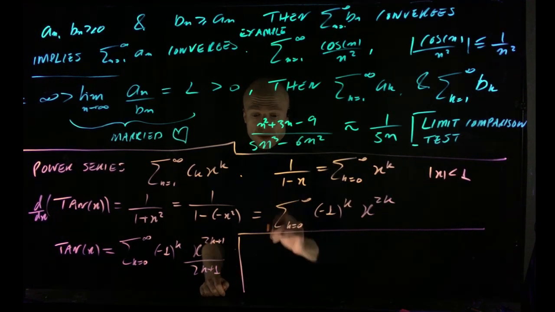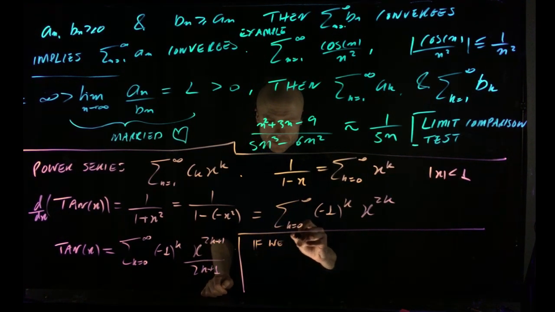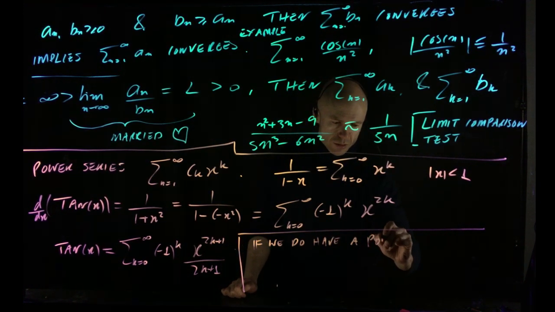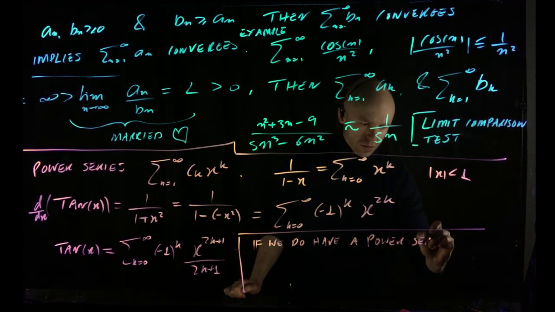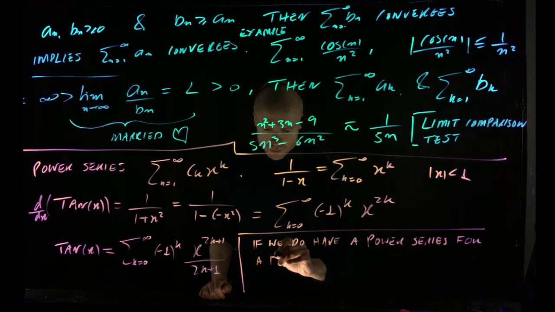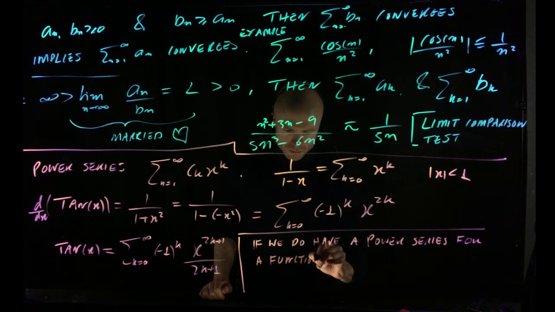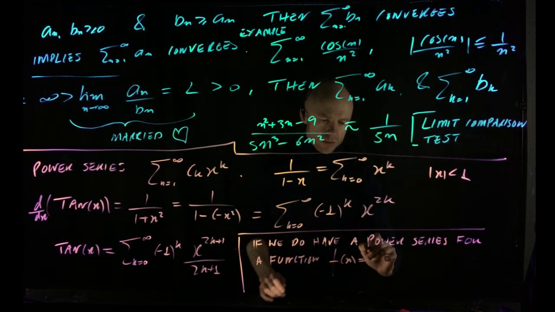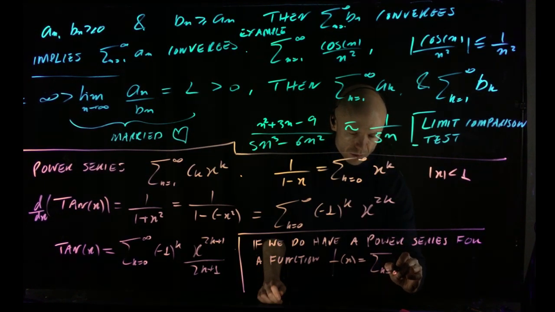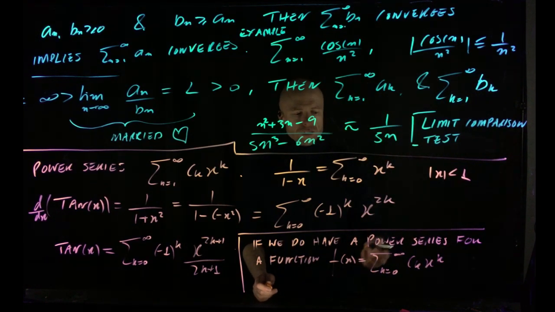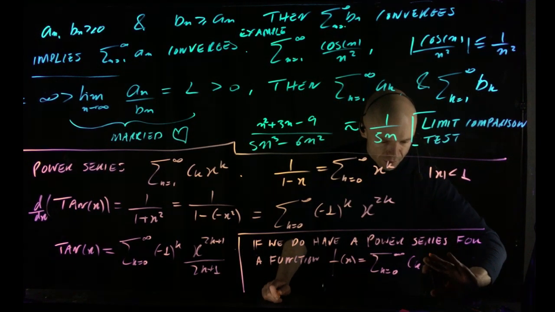So if we do have a power series for a function, okay, so it's like the sum from k equals 0 to infinity of ck x to the k, then we can actually figure out what these ck are just by doing fairly simple things.